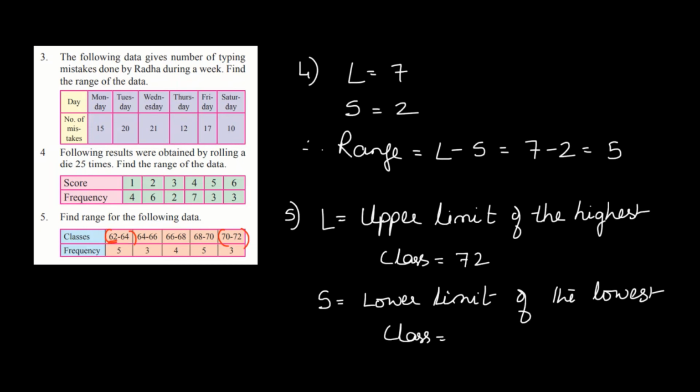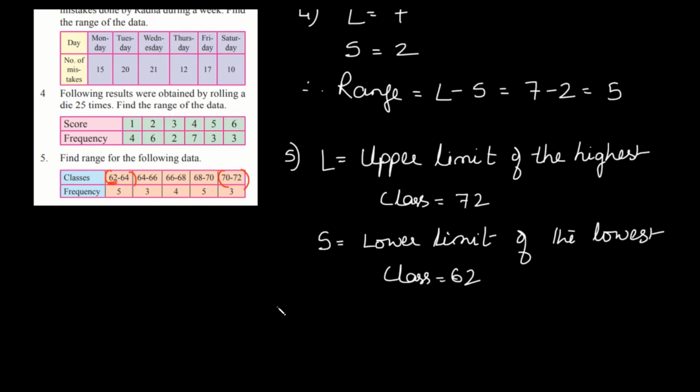So that becomes our S in this case. So it is 62. Now the usual method of finding the range, that is range is equal to L minus S, which is 72 minus 62, which becomes 10. So thus we have finished all the sums of exercise 8.1. I do hope you understood the concept. We'll meet in the next lecture. Thank you so much for listening.